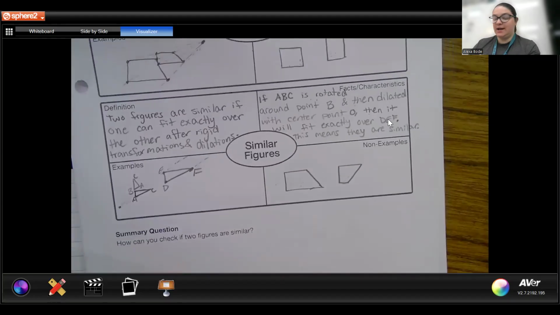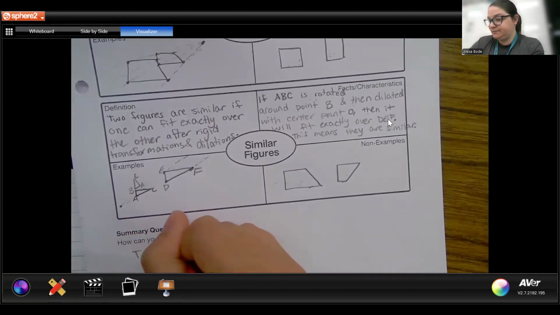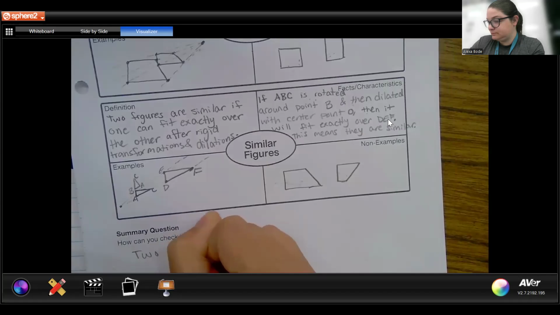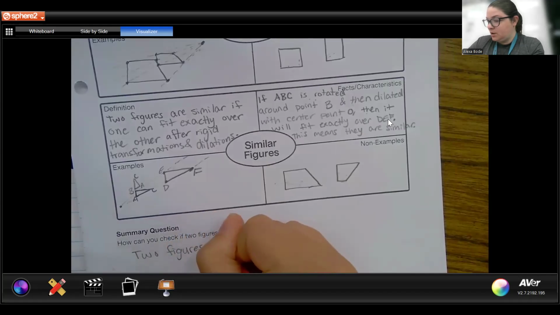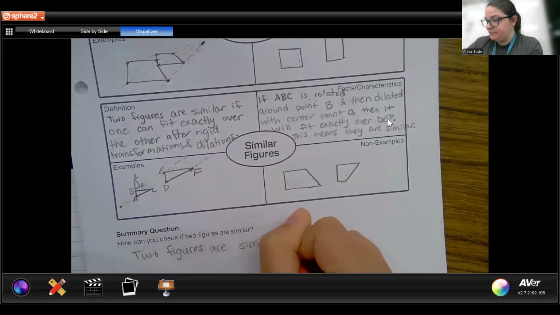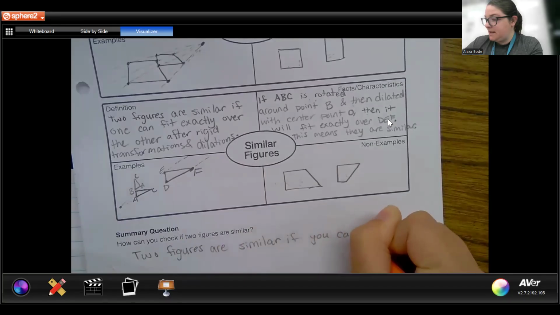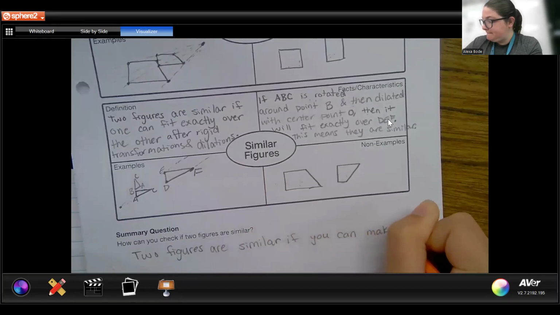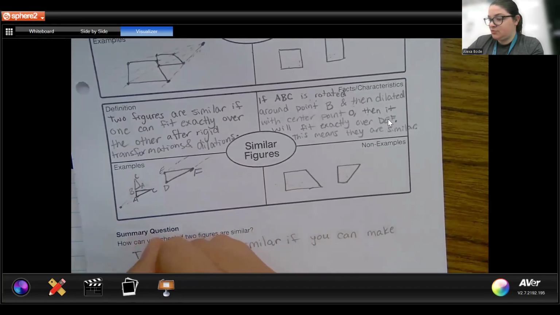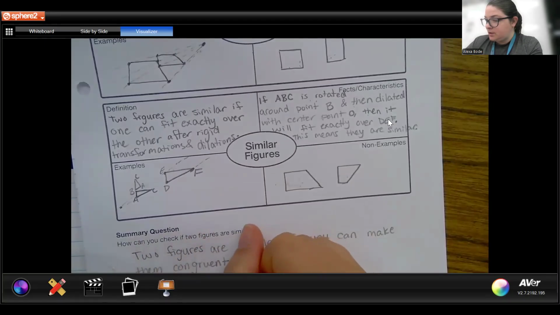Okay, so how can you check if two figures are similar? Two figures are similar if you can make them congruent through a dilation.